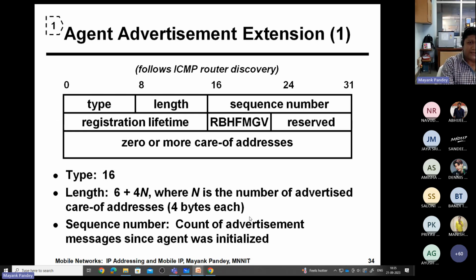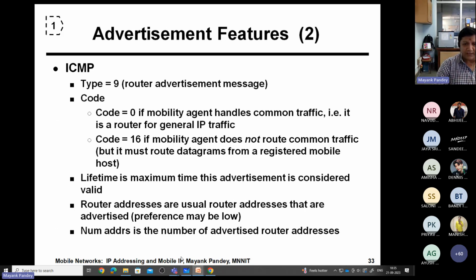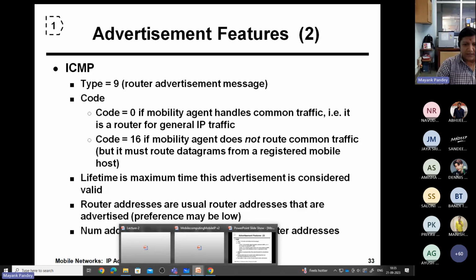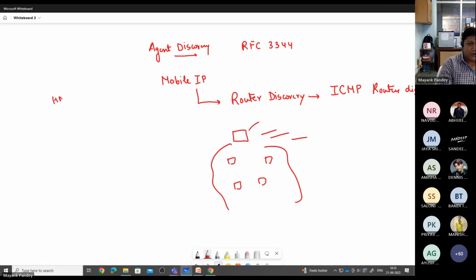So what is getting done? Whoever is taking the responsibility of home agent or foreign agent is generally a router, so it periodically sends the agent advertisement. Normally, wherever mobile IP is implemented, a single router would have interfaces for home agent and foreign agent.